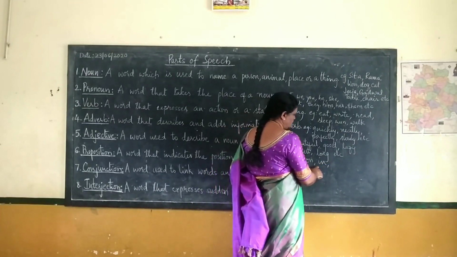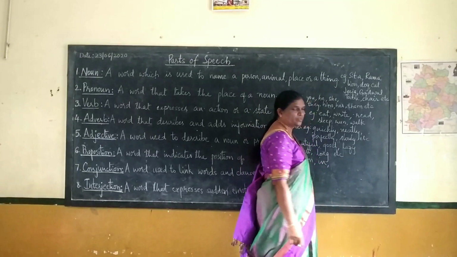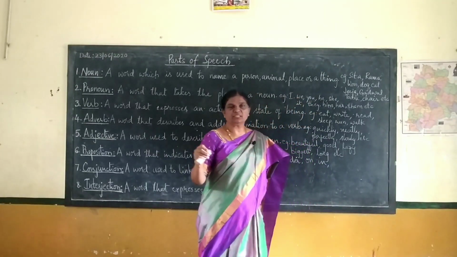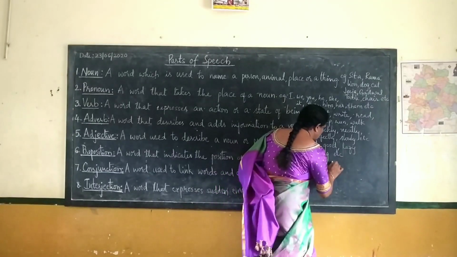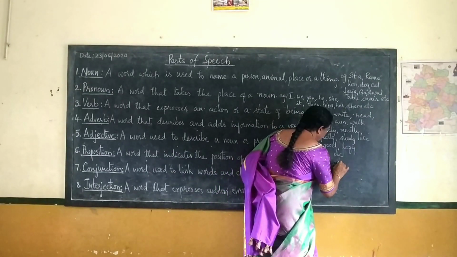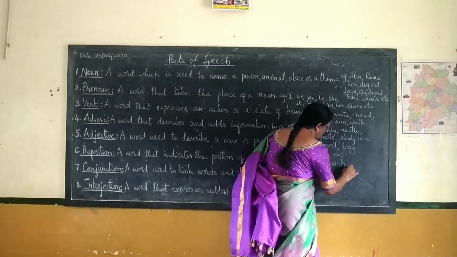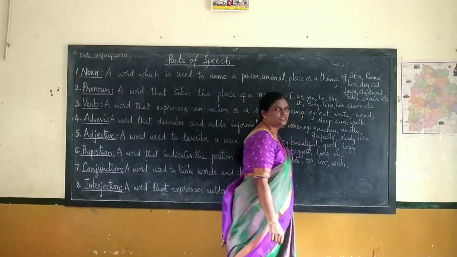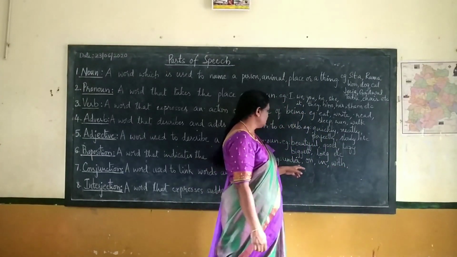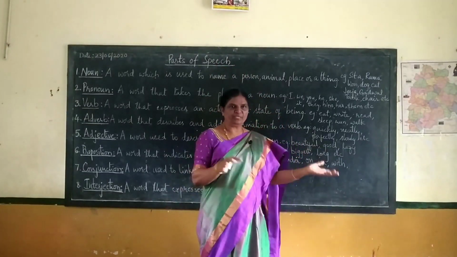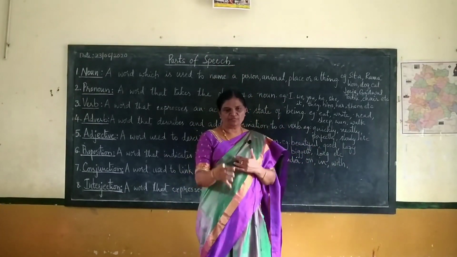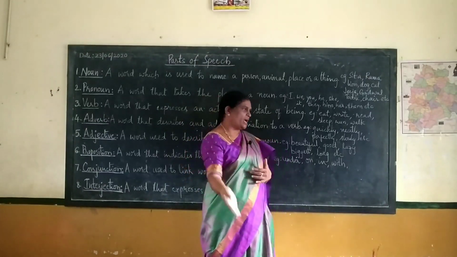Under, on, in, on. Write with a pen. With. So what should we write with? With is also a preposition. So like under, above, below, beside, in front of, behind.